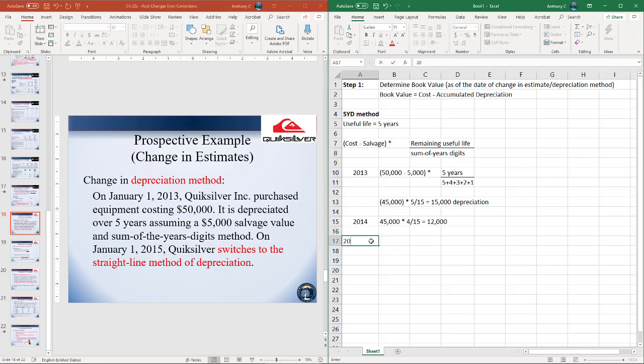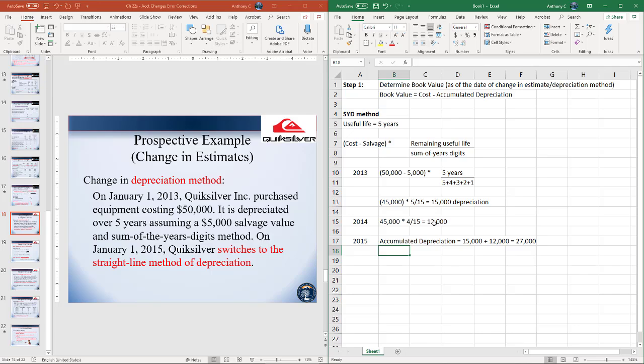Right, so as of 2015, the beginning of the year, we have accumulated depreciation of $15,000 from 2013 plus the $12,000 in 2014. So altogether, we're at $27,000.